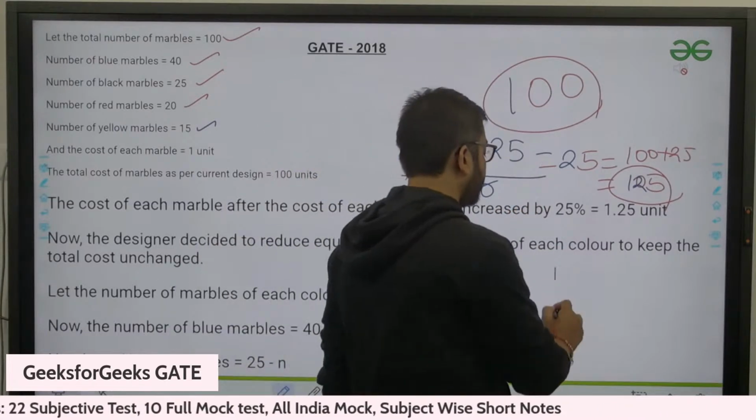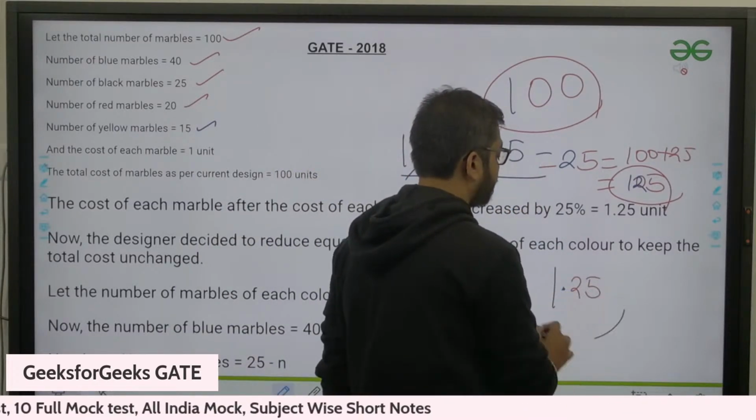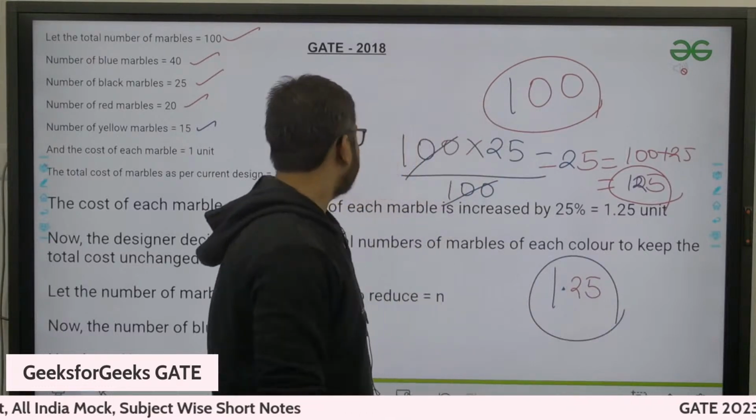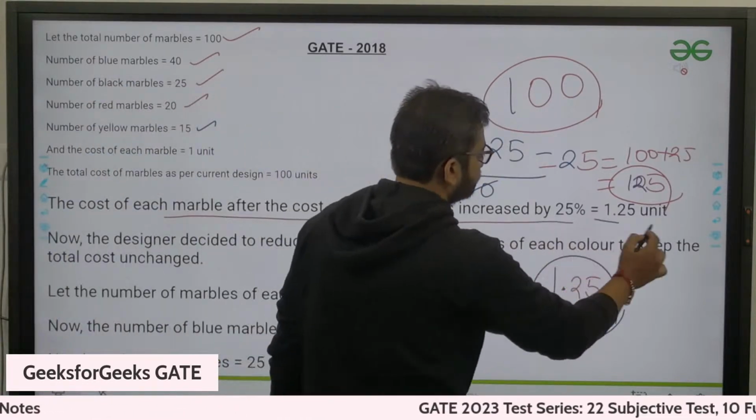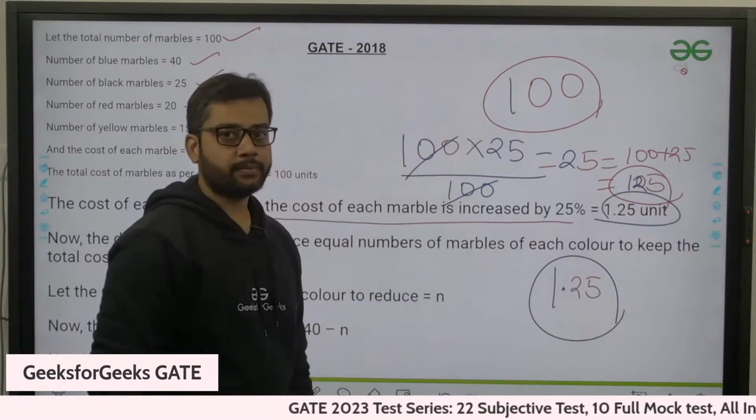In the format of a percentage multiplier, that is 1.25. Clear? That's why I have written that since the marble cost is increased by 25%, it is 1.25.